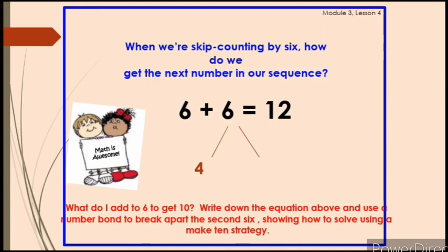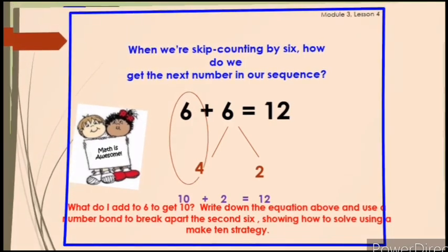And what will be remaining? You are right, 2. So how do I make 10? I'll simply add 6 plus 4 and I get 10. When added to 2, I'll have my 12. So I can break apart and get my answer. Isn't this interesting? I know it is.